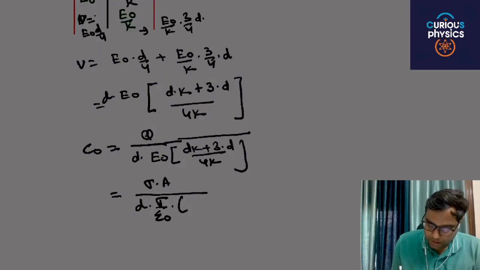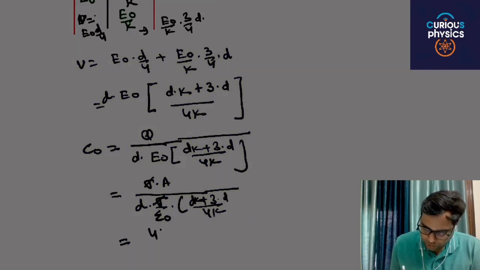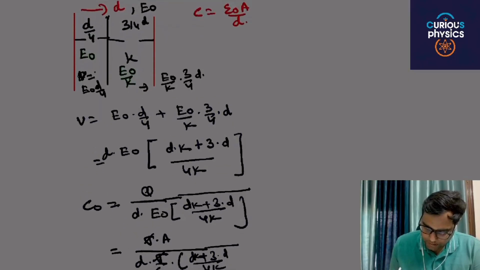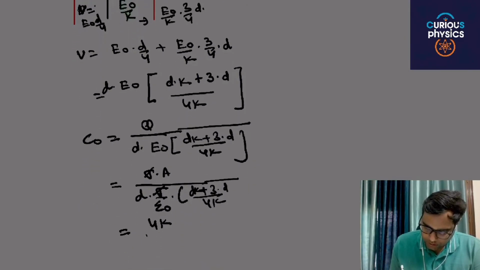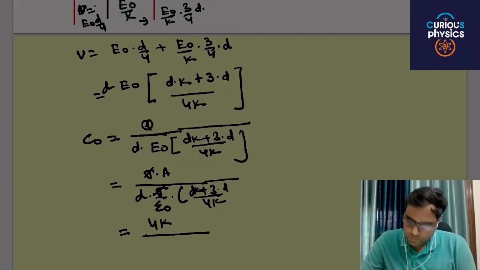Then sigma and sigma will cancel each other, and 4K goes up, so the value will be 4K divided by K plus 3, times epsilon naught A by D.